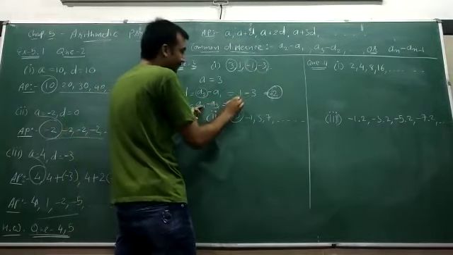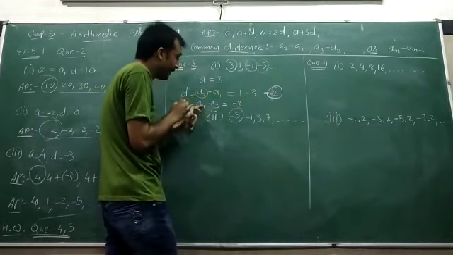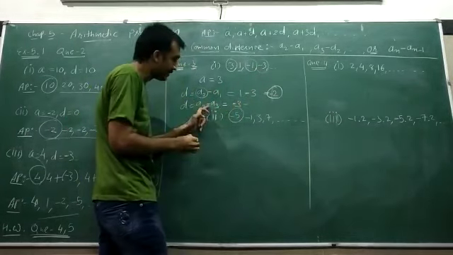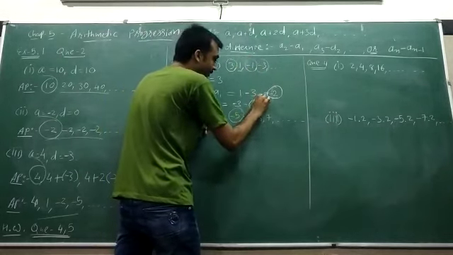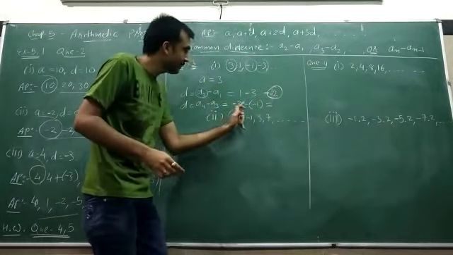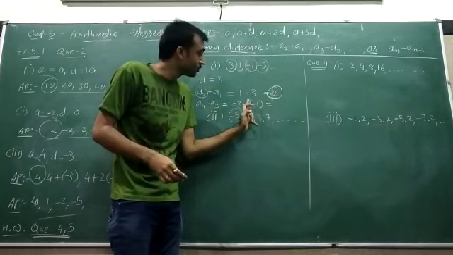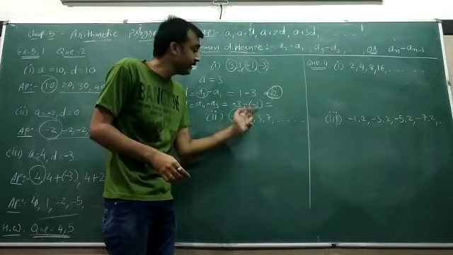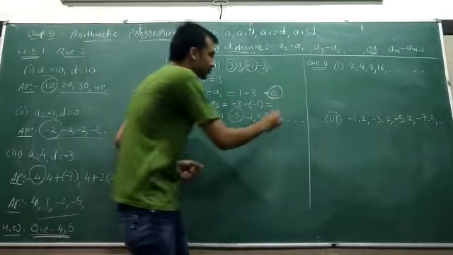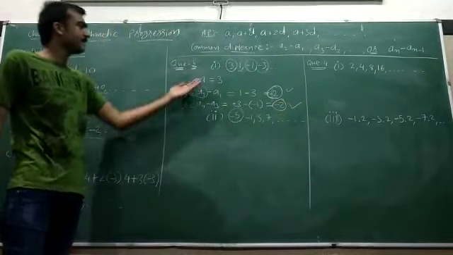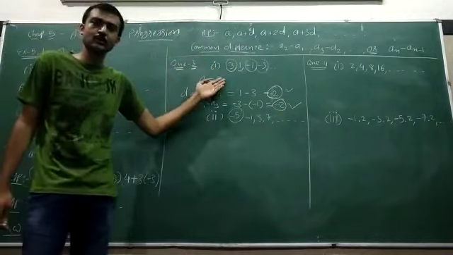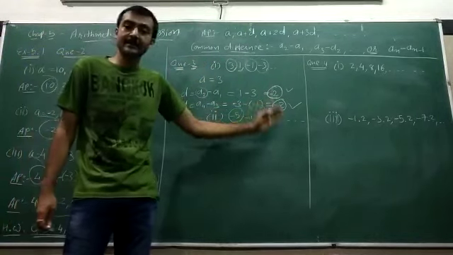The fourth term is minus 3, minus the third term, which is minus 1. Minus minus becomes plus, so that will be plus 1. So minus 3 plus 1 is equal to minus 2. Both are the same. So here we have written that the first term A is equal to 3 and the common difference will be minus 2.